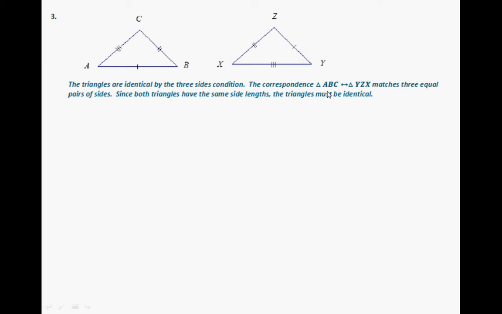Then our correspondence order is ABC corresponds to YZX. So in this case, AB corresponds to YZ. Even though it looks like they're not drawn the same, the fact that they are marked tells us that it is meant to be the same. And then our 2 tick marks match up with our 2 tick marks here, and the 3 tick marks match up with the 3 tick marks here.